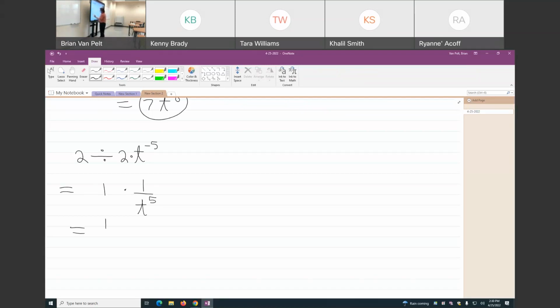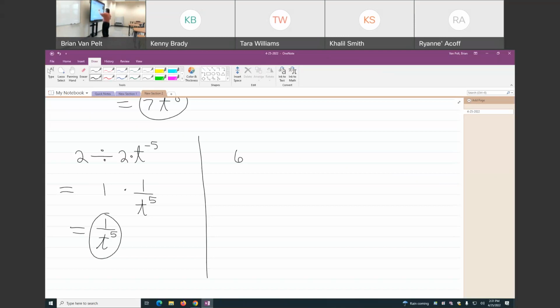Multiply together. But I guess I'm telling you, you actually have to do something in your problem. So this one is divide.